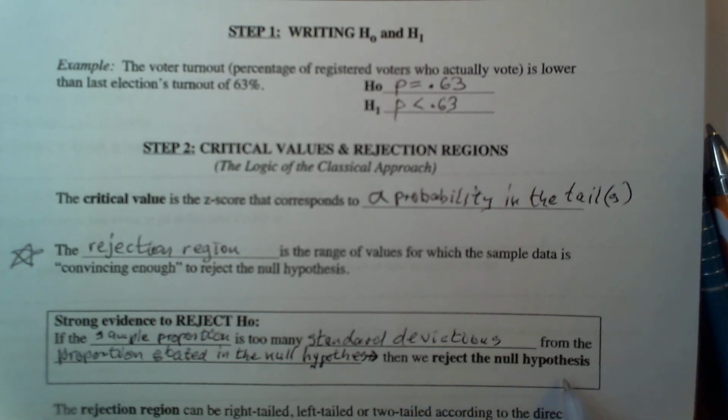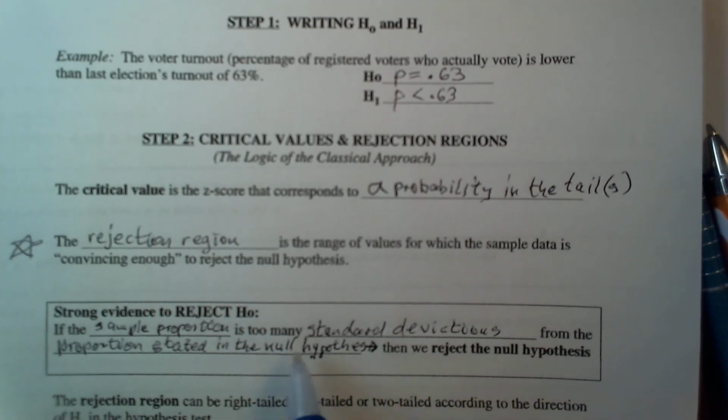Then we reject the null hypothesis. So this sets up the conditions for rejecting the null hypothesis. This is key.